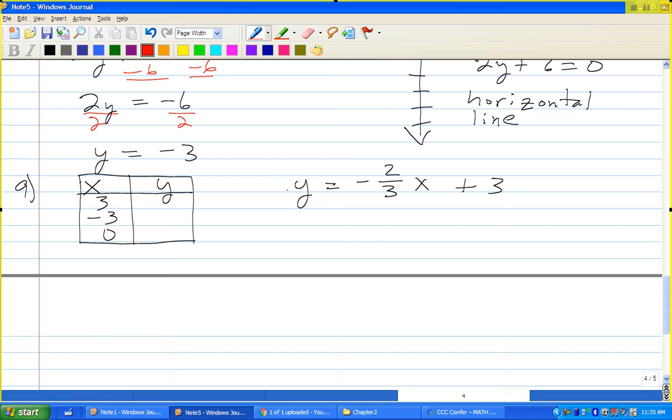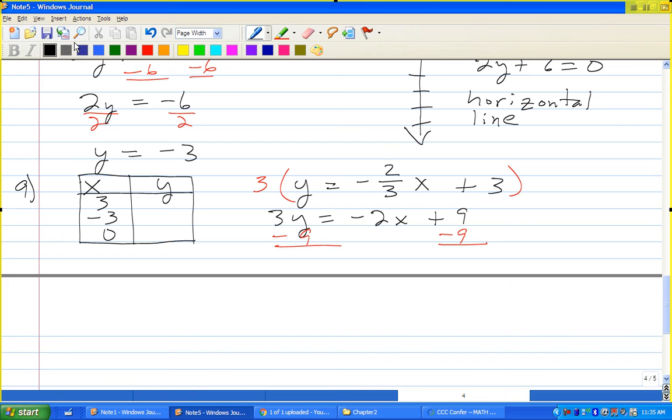Let me solve for x. So let me multiply both sides of my equation by 3. So I get 3y is equal to -2x plus 9. Subtract 9 from both sides of my equation.